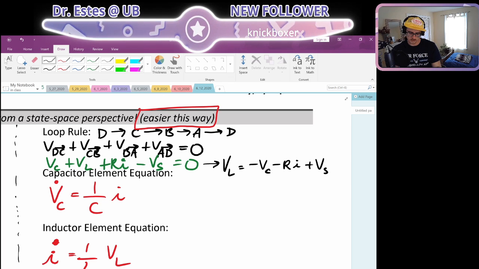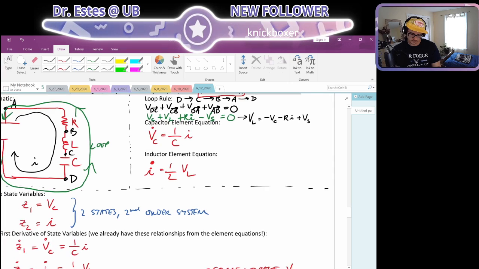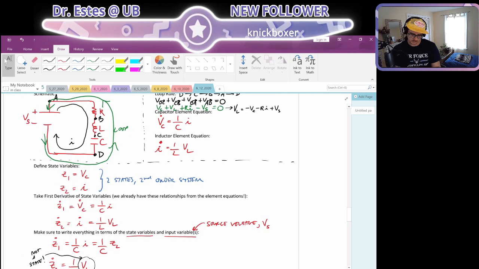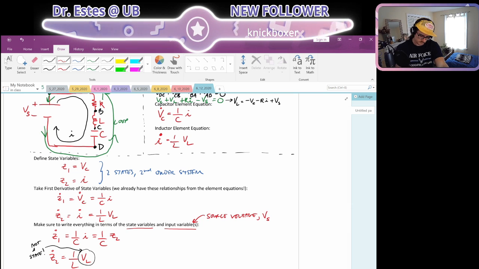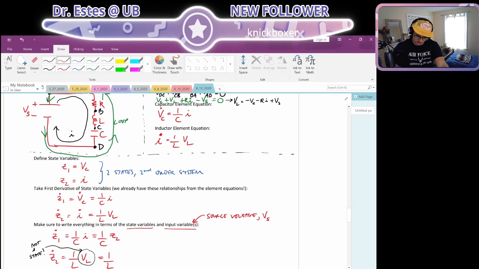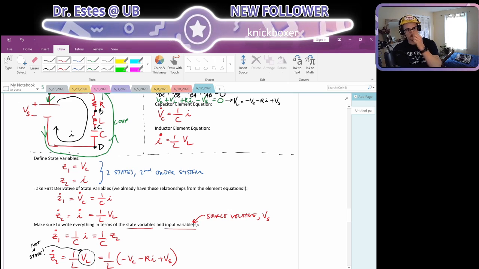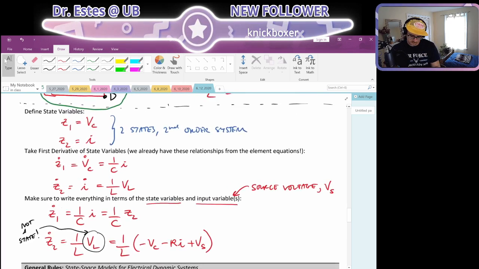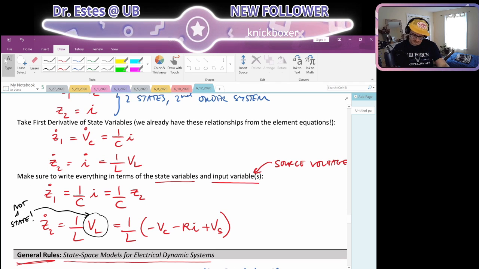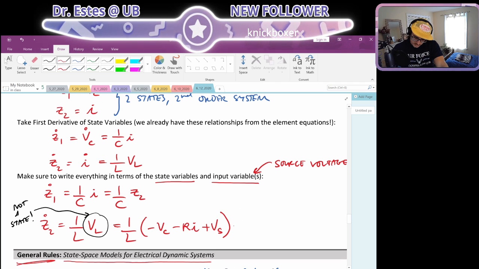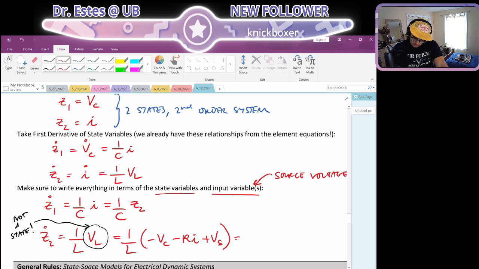So, if we take that, take it down here. So this is equal to 1 over L times minus VC minus RI plus VS. Then I can say that this is, so VC was Z1, minus Z1.